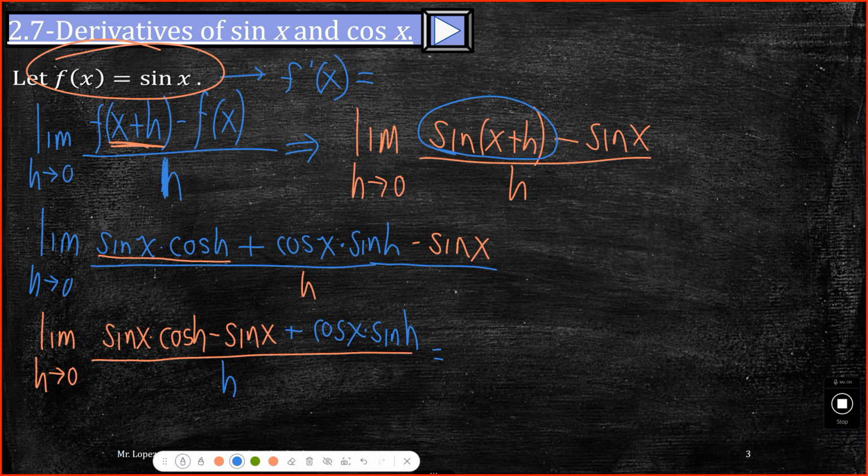We have sine x cosine h minus this, so we got 3 terms. We got 1 term, 2 terms, 3 terms.